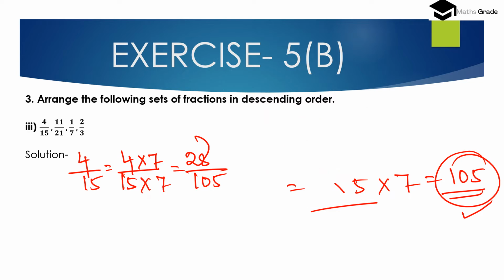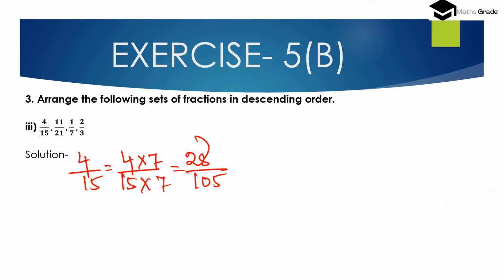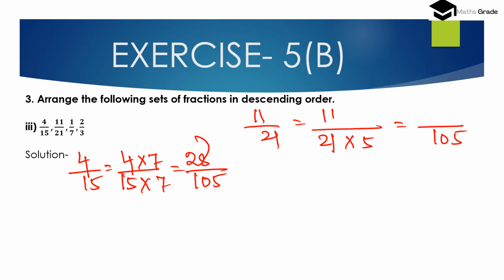Now convert the fraction 11 divided by 21 into an equivalent fraction. If we multiply the denominator 21 with 5, we get 105, that is equal to the LCM. So we have to multiply the same number 5 with the numerator 11. Now 11 multiplied with 5 is 55.